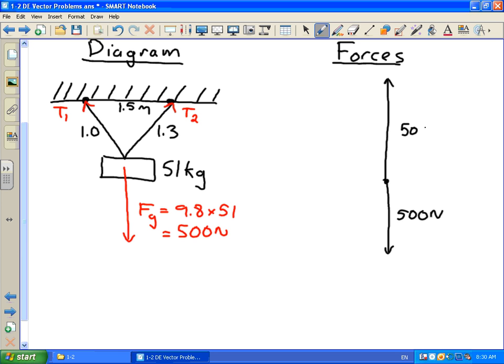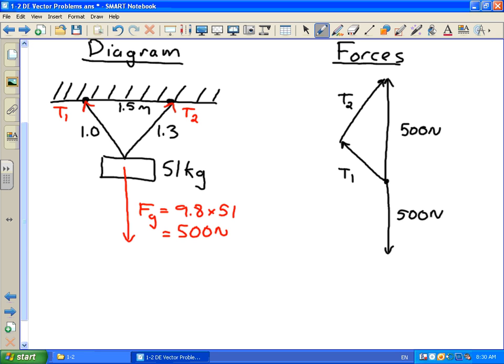So this has got to be 500 newtons to balance our gravitational force. And these two vectors should be the same length. I just haven't drawn them very nicely. Now, where does this equilibrant come from? Well, it's made up by adding together T1 and T2. So that's what our force diagram looks like. T1 and T2 have to add up to a force of 500 newtons.